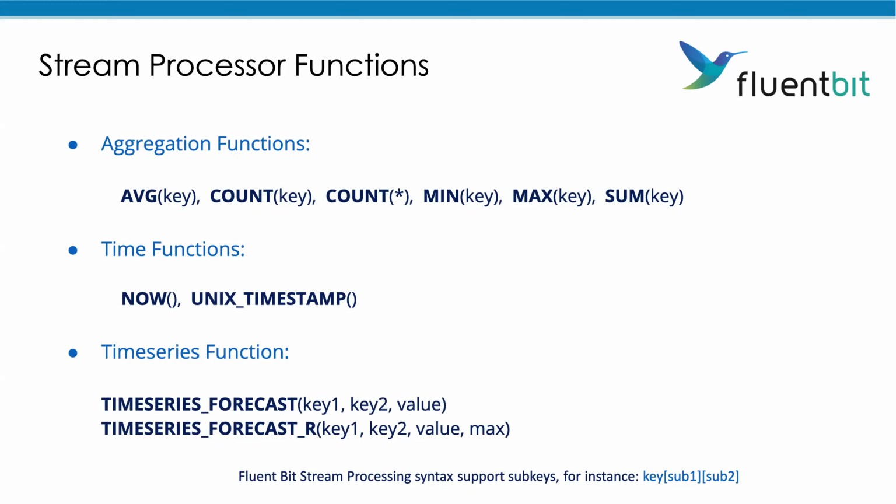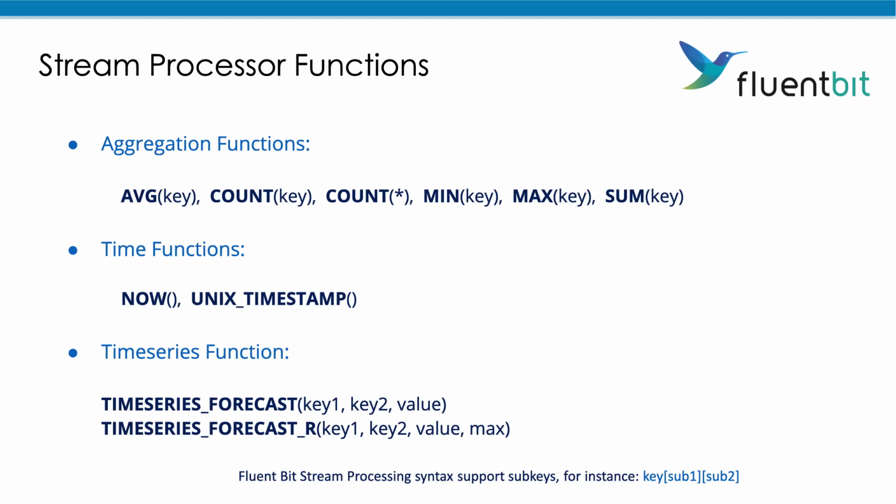So these time series functions can do that. For example, TIMESERIES_FORECAST_R is the reverse of that. You say, tell me when in the future my memory usage will pass a certain amount, so I know that I will be in the safe range of memory usage.